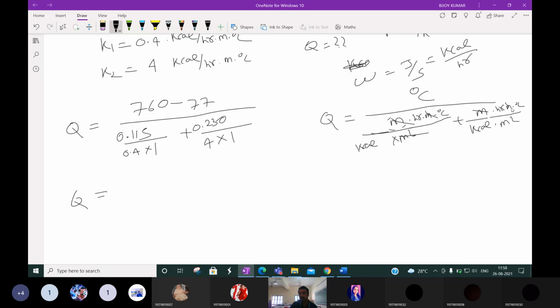Here also meter square will cancel. Degree Celsius and degree Celsius will cancel. So the unit of Q will be kilocalorie per hour. Now it will come correct.